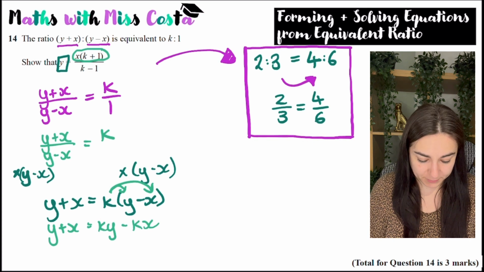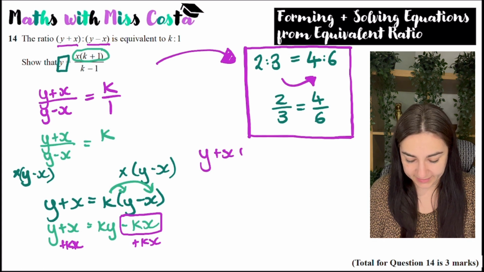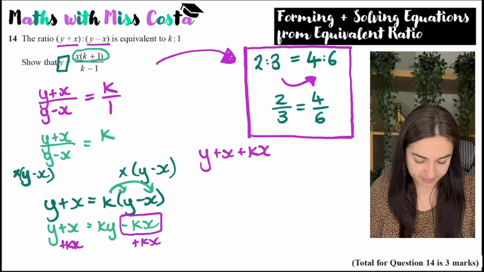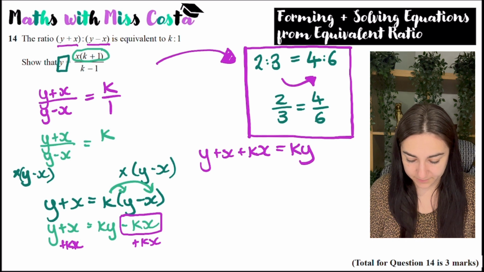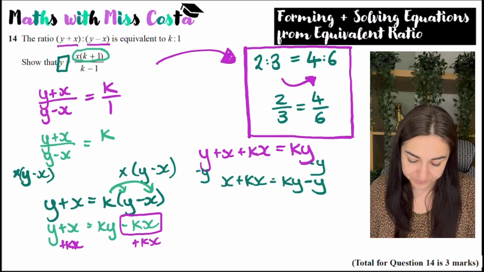So therefore, let's move the x's first. Let's add kx to the other side. So y plus x plus kx equals ky. So now I can move the y. So x plus kx equals ky minus y.